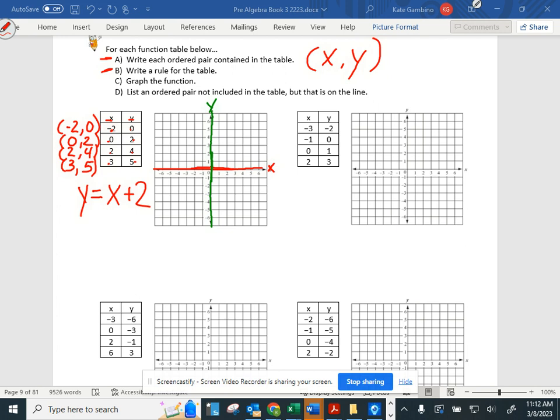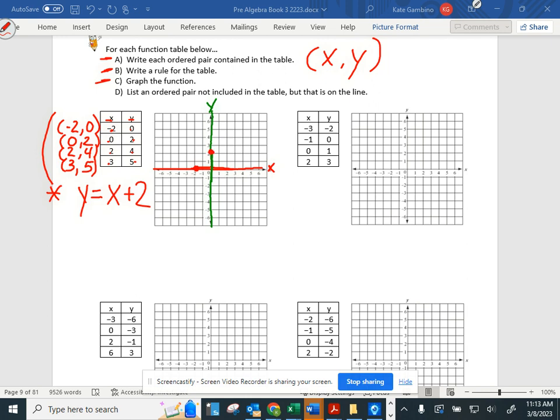So that's our second part. First part is you're writing out your coordinate pairs. Second part is you're writing the rule. The third part is we graph. So we say, okay, (-2, 0). I'm going to go to -2, and 0 is right on the line. Then I'm going to go to (0, 2). It's going to be right on the line.